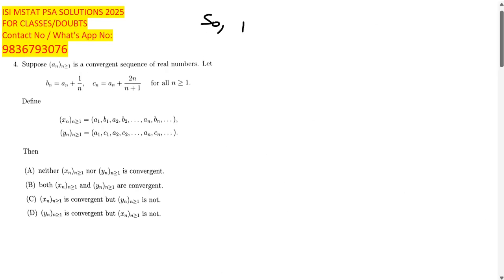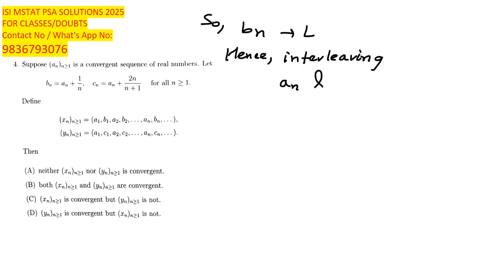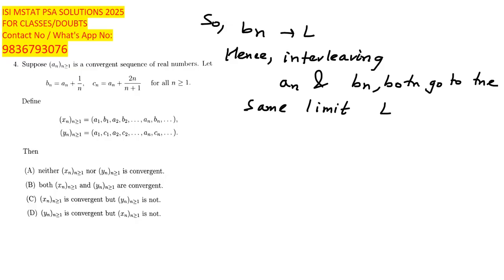So Bn will be L. Okay, so hence interleaving An and Bn both go to the same limit L.